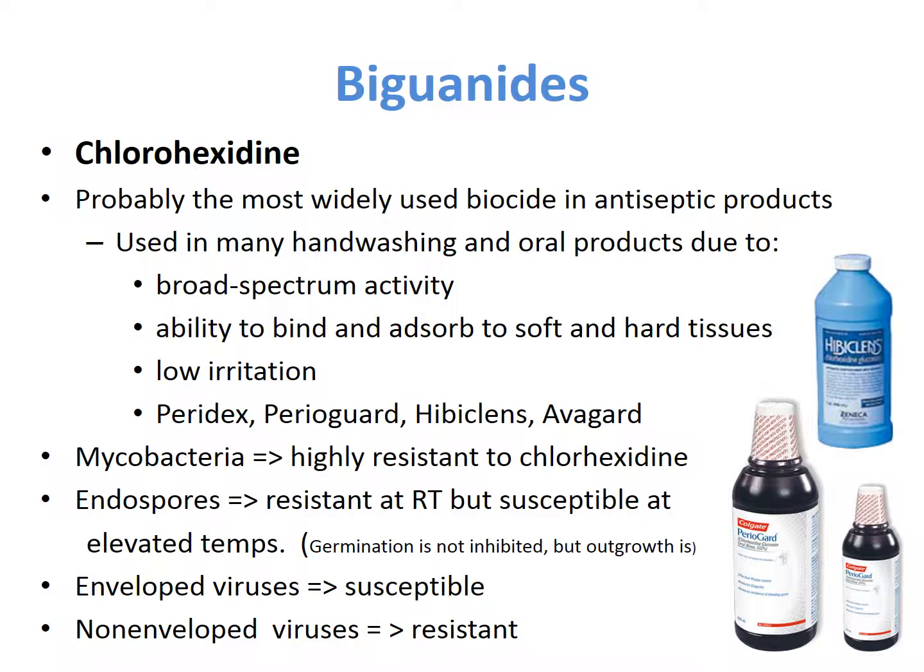That's what is inhibited. So outgrowth, the emergence of vegetative cells from endospores, is what appears to be inhibited. Enveloped viruses are disrupted by these compounds, but non-enveloped viruses are not.